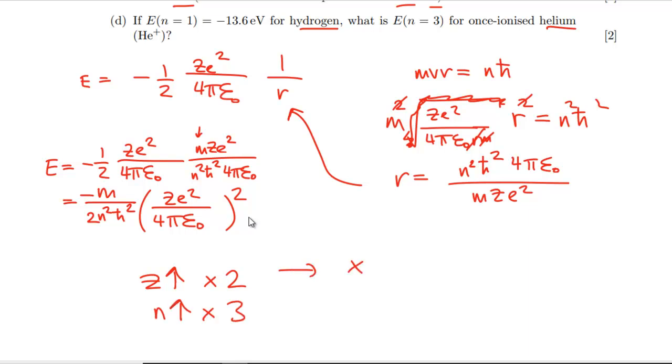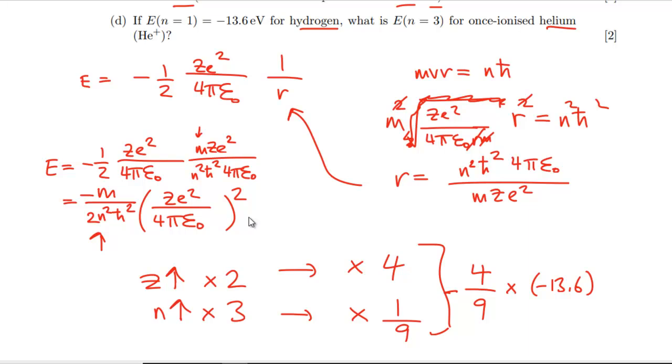That means we've multiplied by 4 because it's Z squared, but we've also multiplied by 1 over 9 because we've got a 1 over N squared. So we're going to have 4 over 9 times whatever it was, minus 13.6.